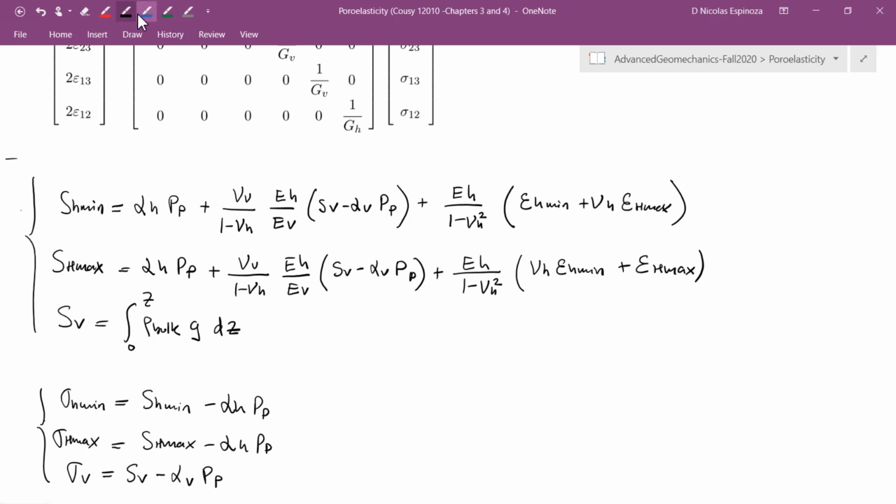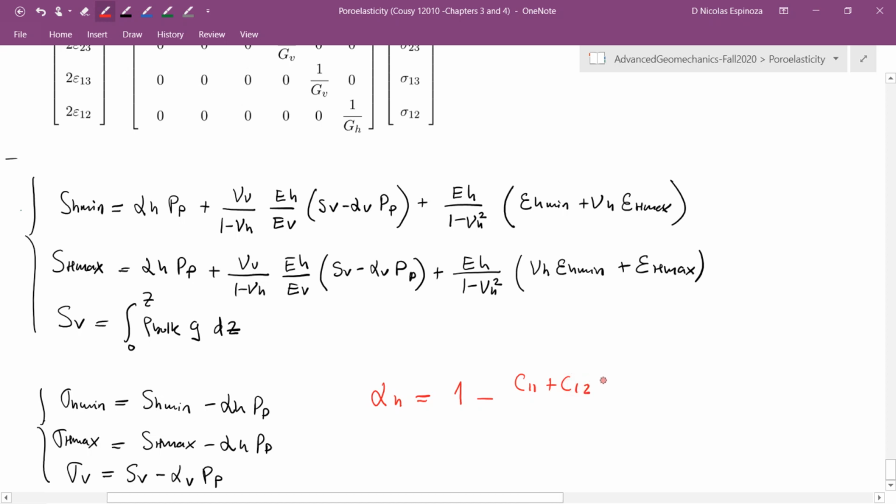and now you may be asking yourself, what are those new parameters that we see, alpha H and alpha V? Well, doing similar derivations to what we did for the poroelastic isotropic solid, we can extend this to the VTI solid for poroelasticity and show that alpha H is going to have an equation similar to the one for the isotropic solid, but now I need to use the stiffness parameters from the stiffness matrix.